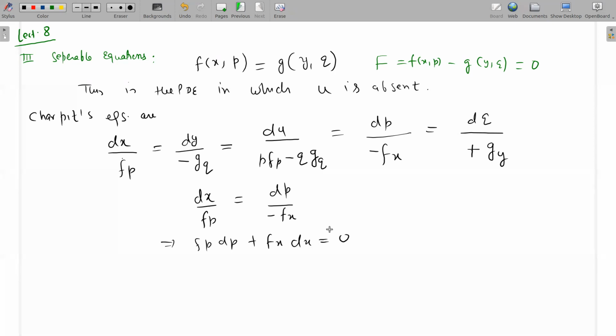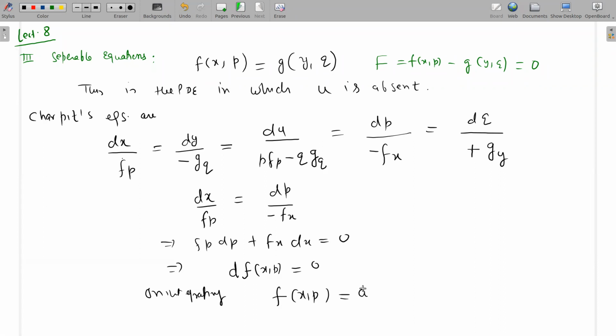What will be the integration? Yes, p x equals constant. So what can you write this as? This becomes a derivative, that is, derivative of f of p times f of x. So on integrating you got f, which is a function of x and p, equal to constant.